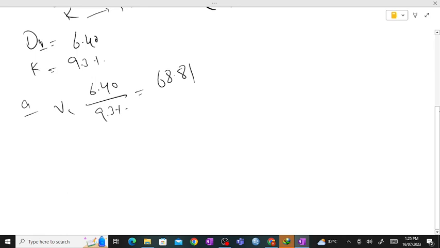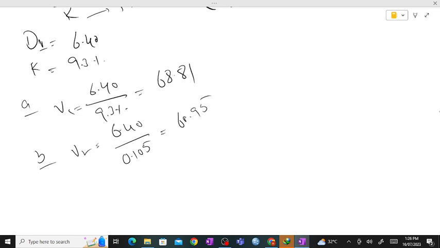For year 2, if the required rate of return changes from 9.3% to 10.5%, we just have to change the value: 6.40 divided by 0.105, so the value is 60.95. Then 68.81 minus 60.95 is 7.87.